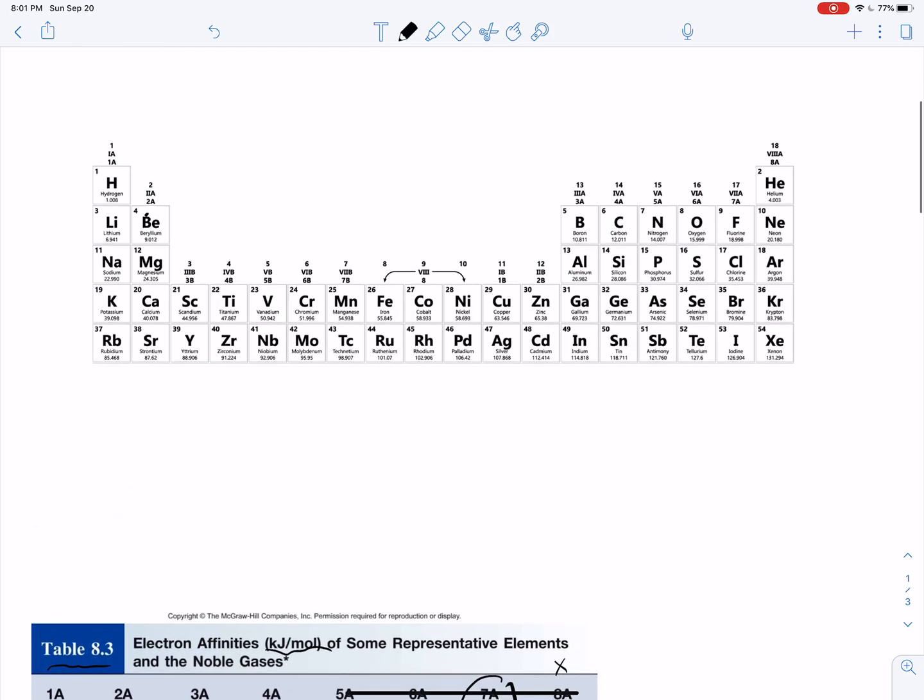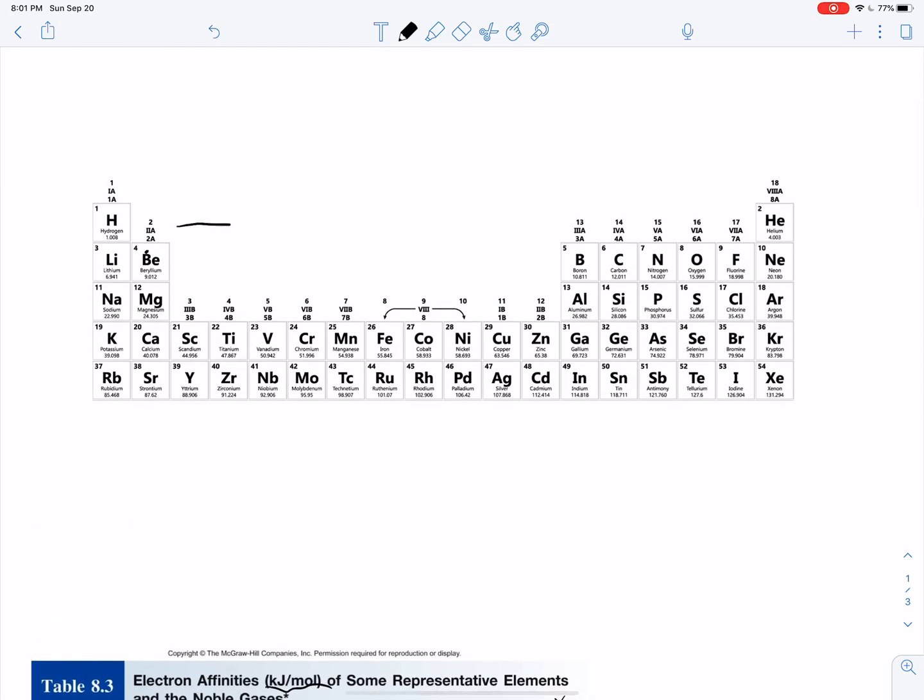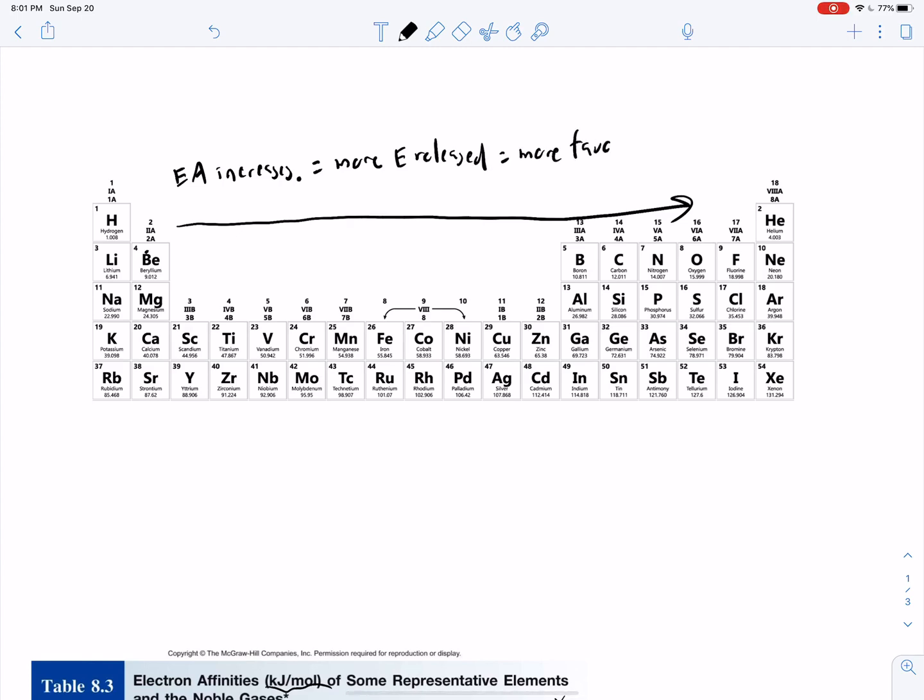And so the general periodic trend for electron affinity is that as we move this way, electron affinity increases, which means that more energy is released when an electron comes along to make the anion, the negatively charged atom, which is another way of saying it's more favorable to form atom minus.